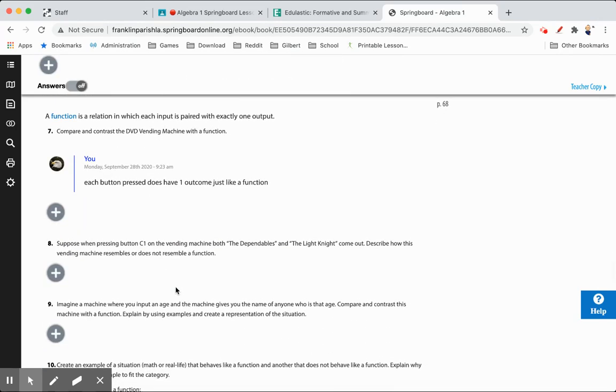Number 8, suppose when pressing C1 on the vending machine, both the dependables and the light night come out. Explain how this vending machine resembles or does not resemble a function.